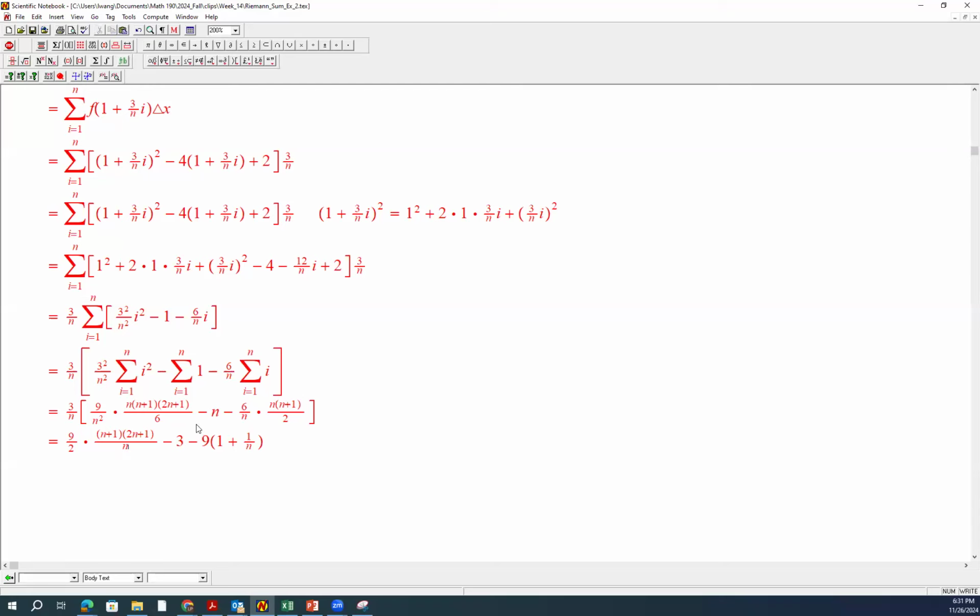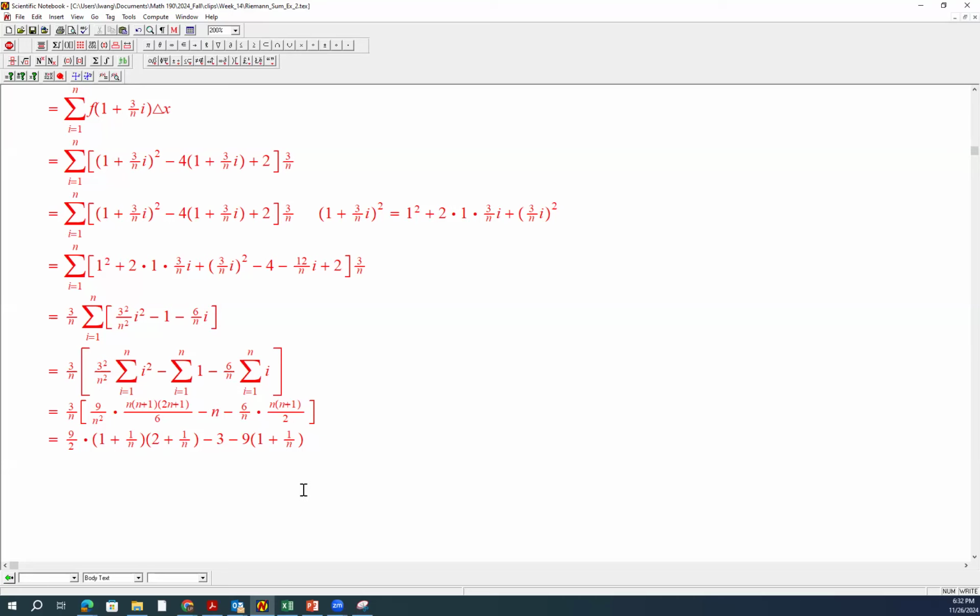And of course, we can write n squared as n times n. And you pretty much know where we are heading. So this n would divide into n plus 1. This time we're going to generate another 1 plus 1 over n. And this piece we're going to generate 2 plus 1 over n.